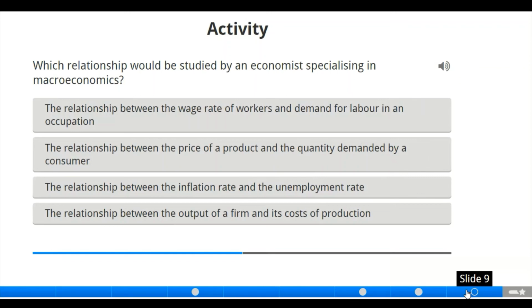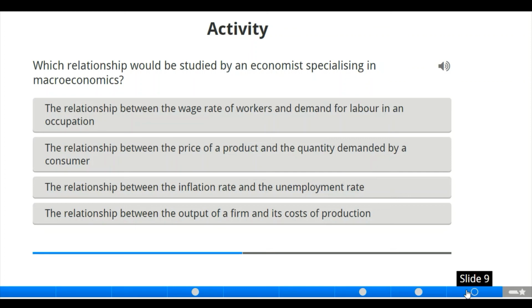Now we move to the next activity, which is also part of your past questions. Which relationship will be studied by an economist specializing in macroeconomics? Macro studies the whole. Now, the relationship between the wage rate of workers and demand for labor in an occupation, that's related to micro, so that's not our answer. The relationship between the price of a product and the quantity demanded by a consumer?